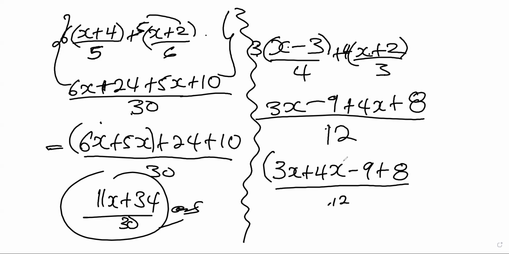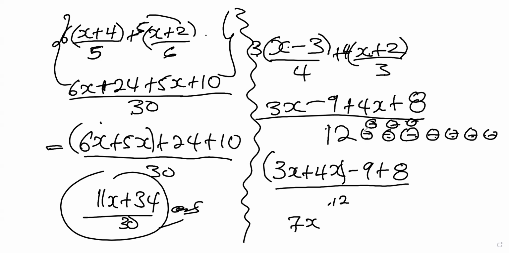Both of them positive, can add this. One negative, one positive. It's as if we are saying negative 9. Can we count 9 of them? 1, 2, 3, 4, 5, 6, 7, 8, 9.